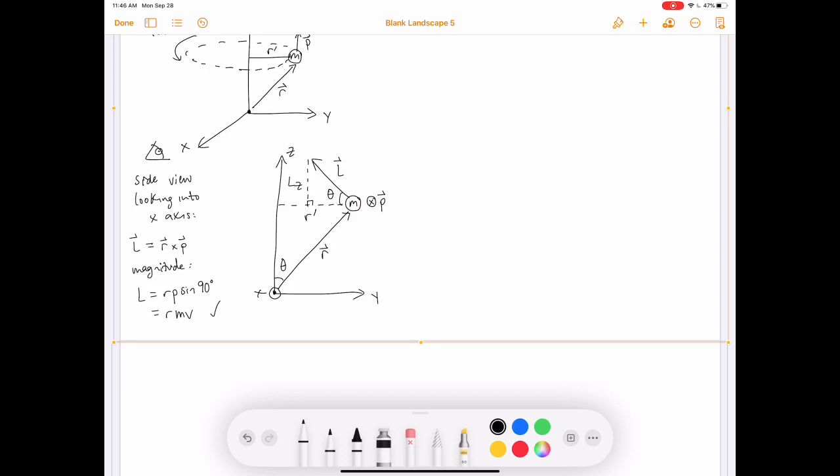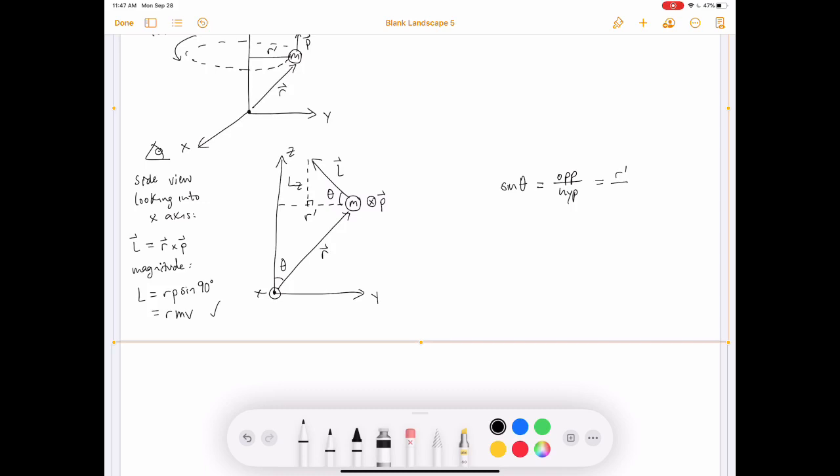So basically, I have these two different triangles in the problem. One is composed of the r vector, and the other is composed of the L vector. But if I think about sine of the angle theta that's shown in the picture there, it's always equal to the opposite side divided by the hypotenuse. That's the definition of sine. Well, using the triangle at the bottom, the opposite side is going to be r prime. So that's the side across from the angle theta, r prime.